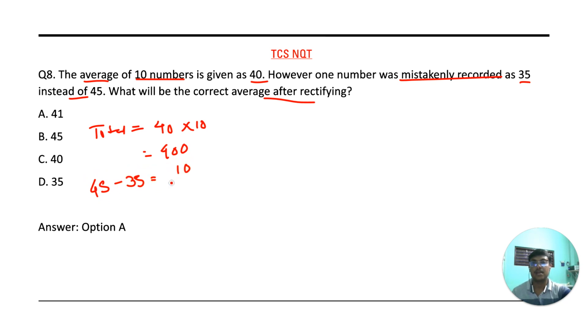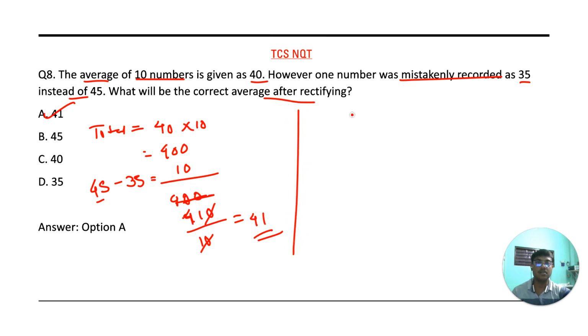It is 10. As the data that we have mistakenly taken is smaller than the data that should have been taken, we have to add this to the total to get the actual total, which is 410. Now, if we divide it by the number of numbers that have been given, we get 41. So this is our correct average. So option A is the correct answer.